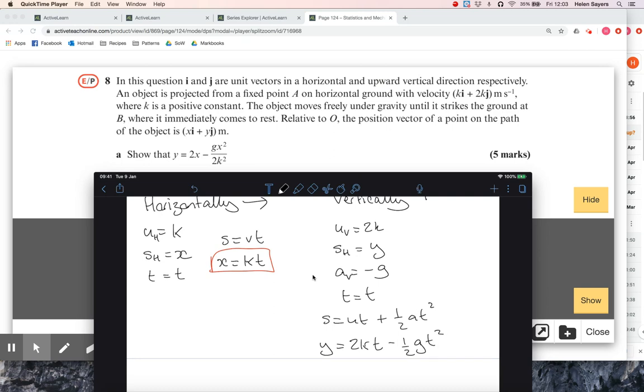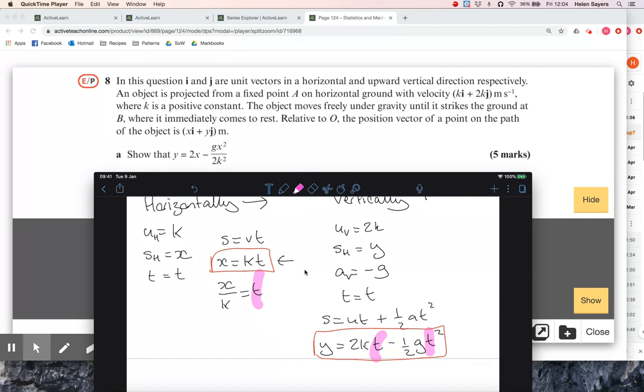If you've worked through the previous questions, this is a really similar structure we should be quite used to by now. Then I go back to this. This is the simpler equation, and I'm aiming for y in terms of x. So I don't want to rearrange this one. I want to make t the subject of this one, and then substitute in there.